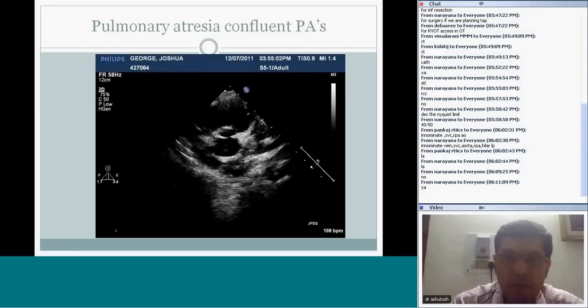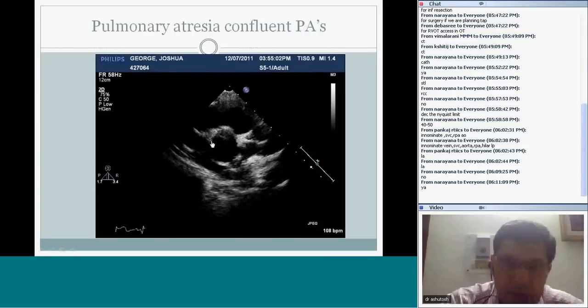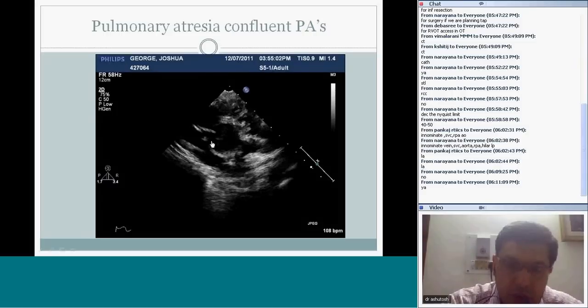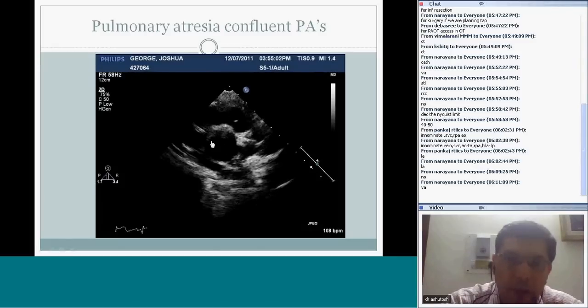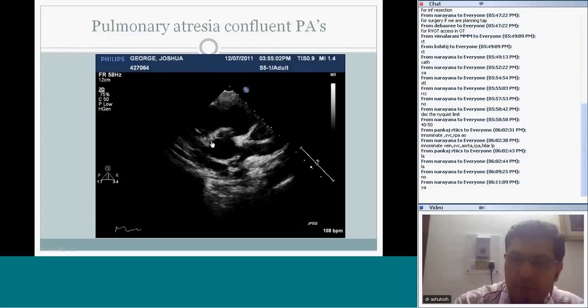So some videos on this variant. This is a short segment pulmonary atresia here. A valvular atresia, on surgery it appeared to be a bigger length, and confluent good sized pulmonary artery fed by the PDA and a collateral.